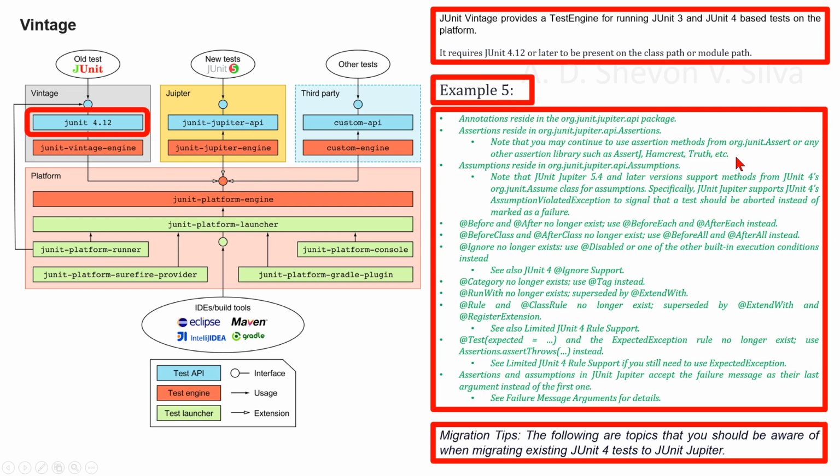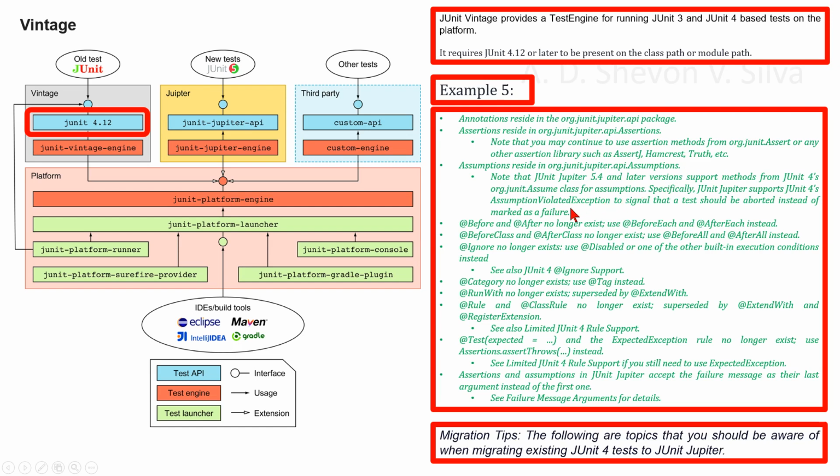Note that you may continue to use assertion methods from org.junit.Assert or any other assertions library such as AssertJ, Hamcrest, Truth, etc. Assumptions reside in org.junit.jupiter.api.Assumptions.